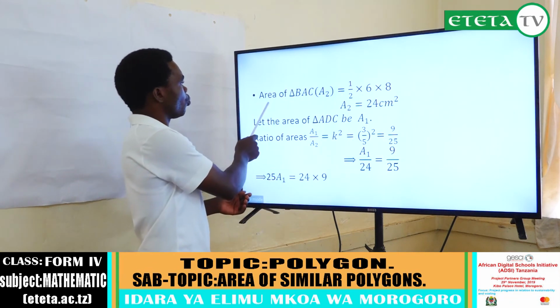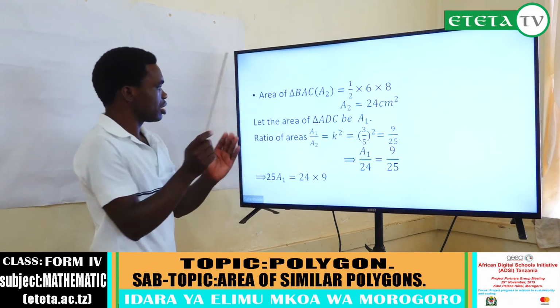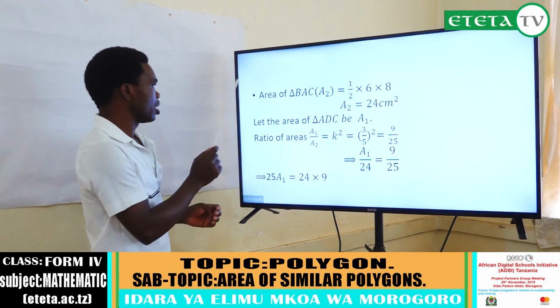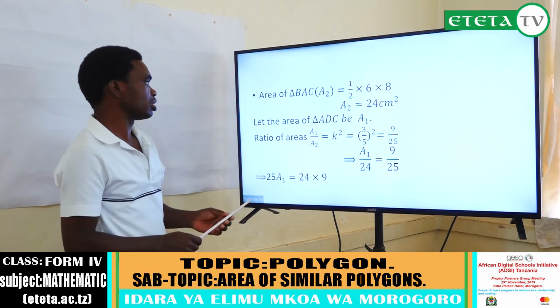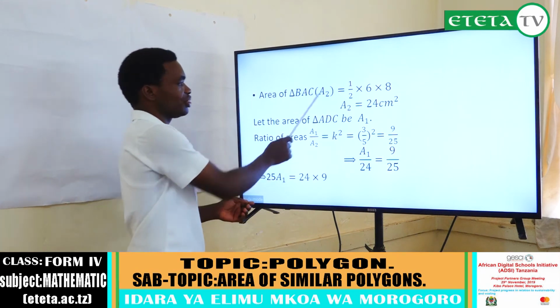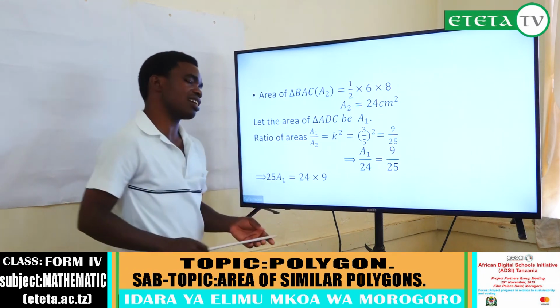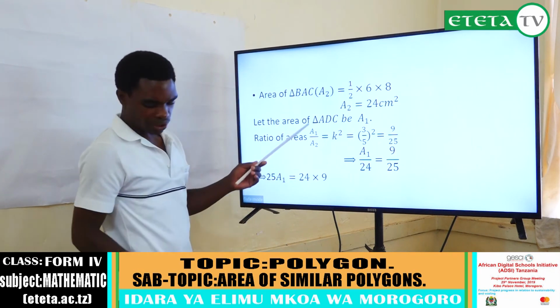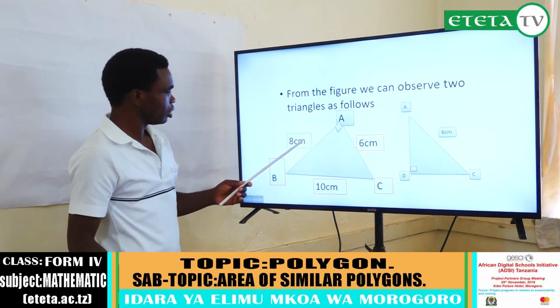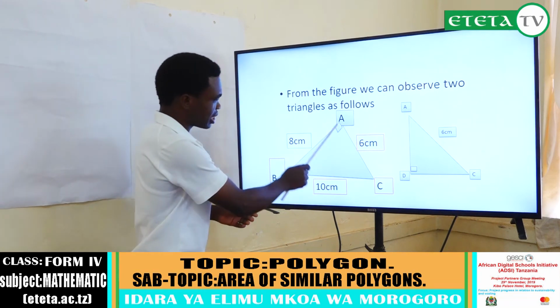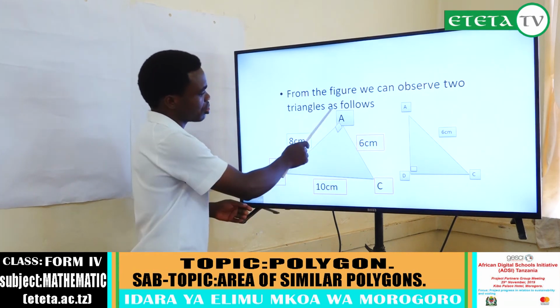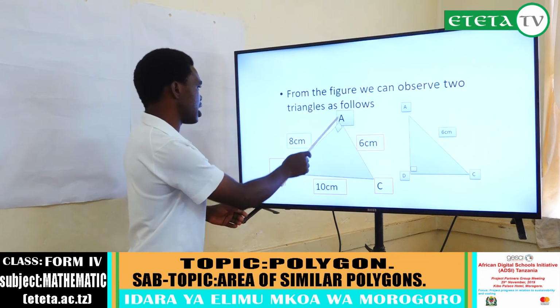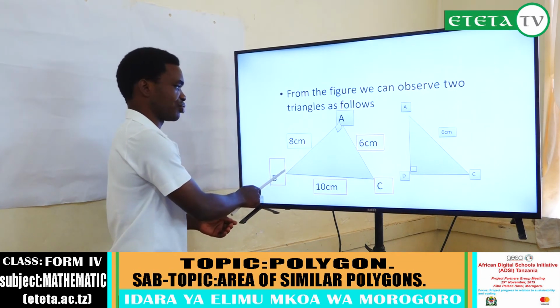We have the dimensions of the triangle BAC, which we can name A2. This is the bigger triangle, and if we refer to that figure, since here there is a 90 degrees, this one can be considered the base and this one the height.